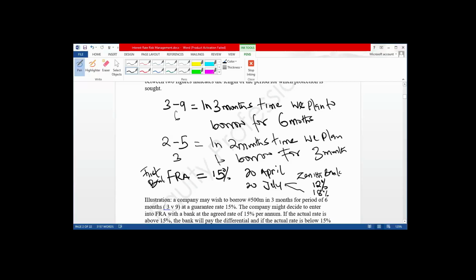If you pay 18% to Zenith Bank, that means you have paid more than 15%. First Bank has to compensate you with 3% interest rate so as to reduce the amount to pay to 15%.